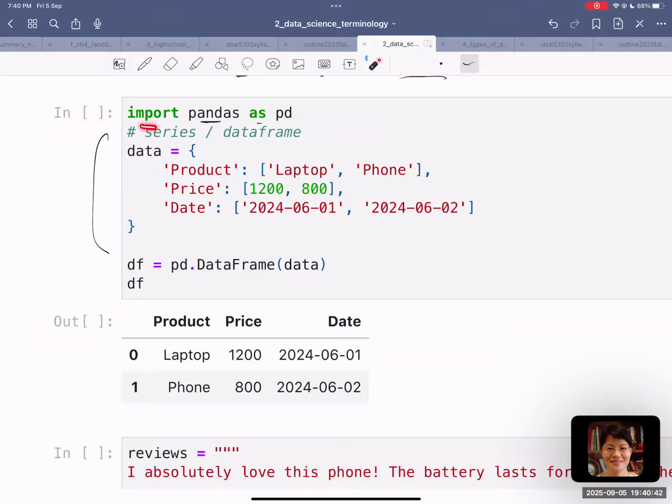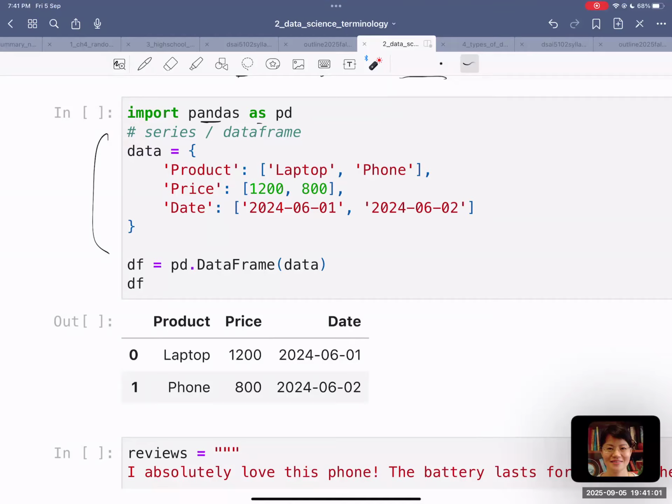He'll import pandas as, and this pound usually means what? Pound means a remark. It explains what you are doing or gives you a reminder.